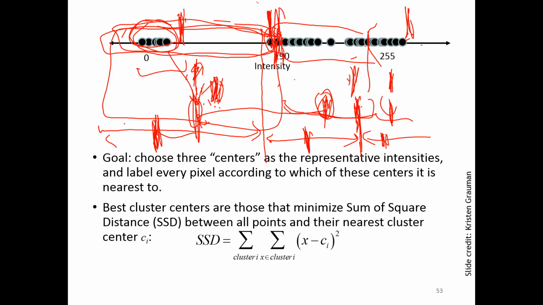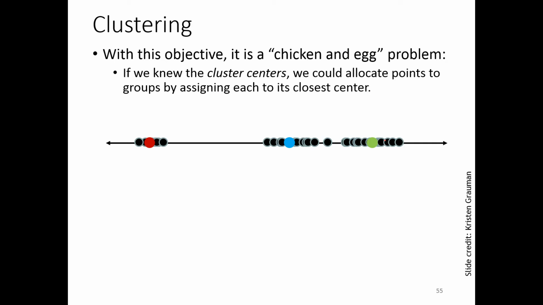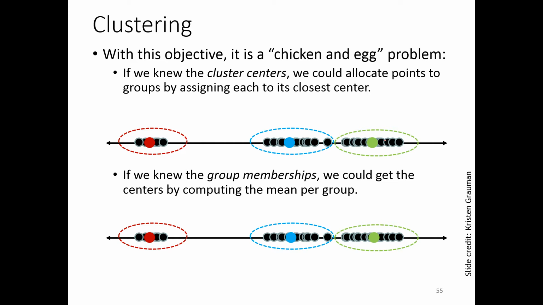It's an iterative algorithm where you keep updating the location of the cluster centers. First, you have initial cluster centers, then you try to find which cluster each of these fellows belongs to. Then you group all the memberships.